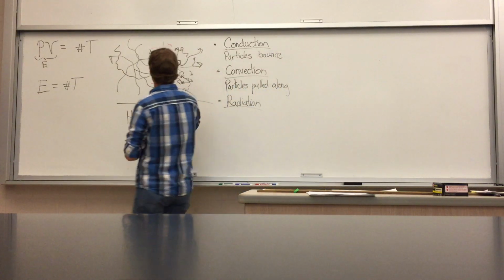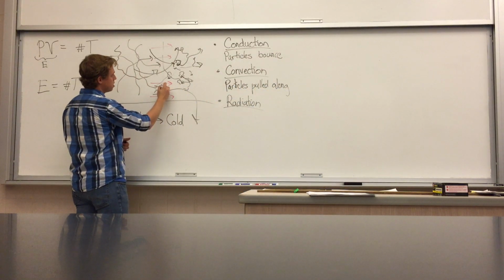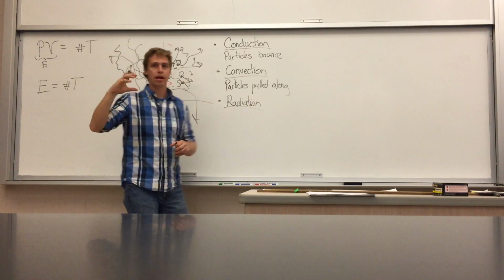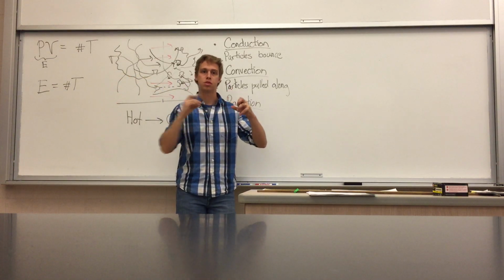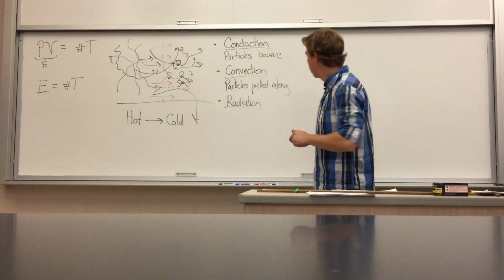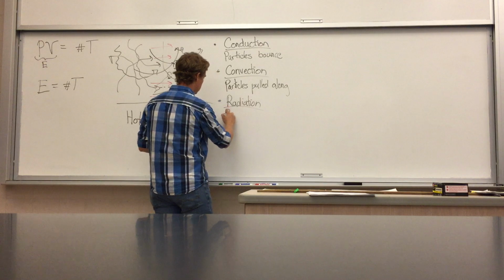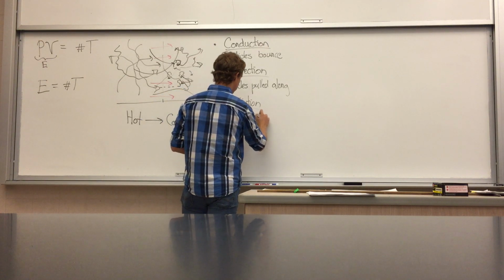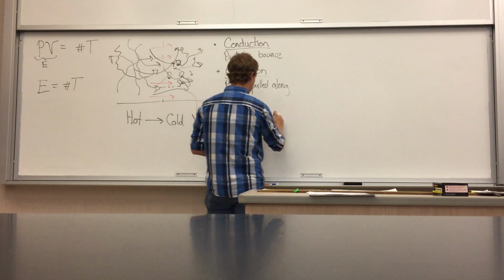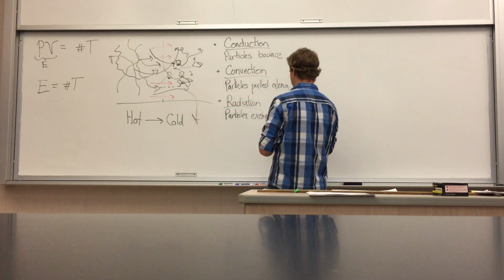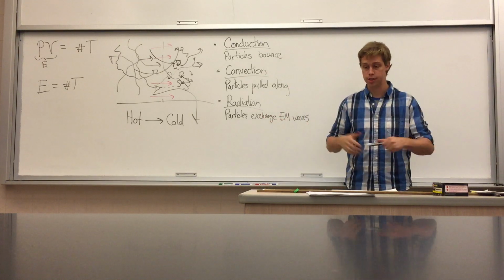And so that's like shooting these little packets of energy over, and these ones getting it. So this side calms down and that side receives them and they get all amped up, okay? And so this radiation is particles exchange electromagnetic waves, okay, little packets of energy.